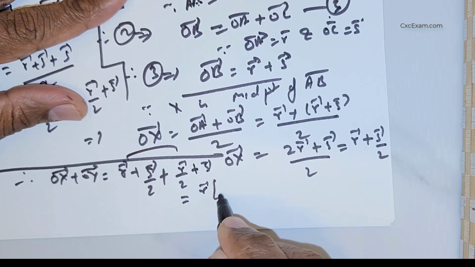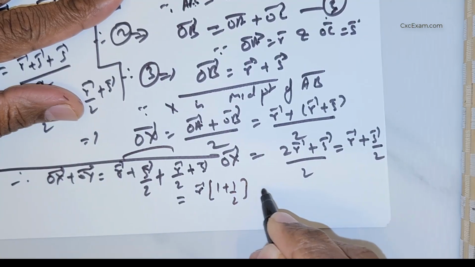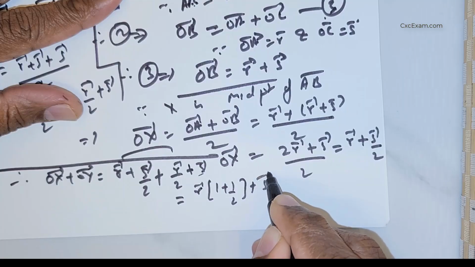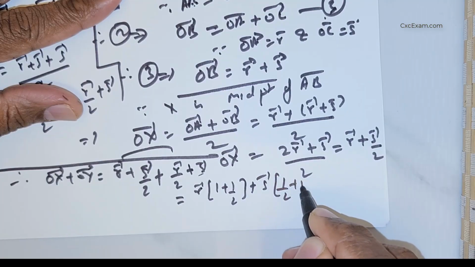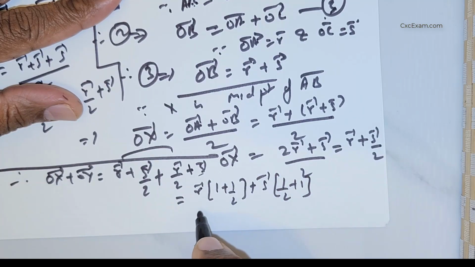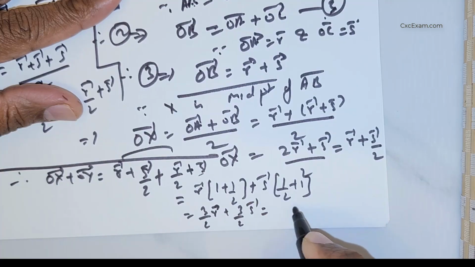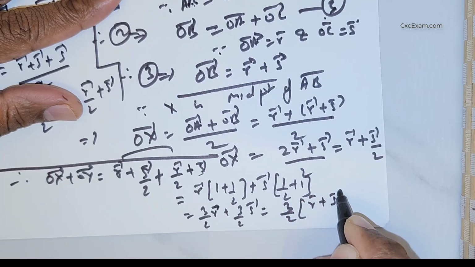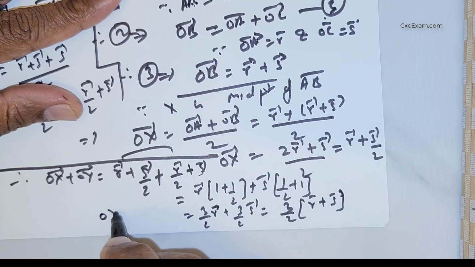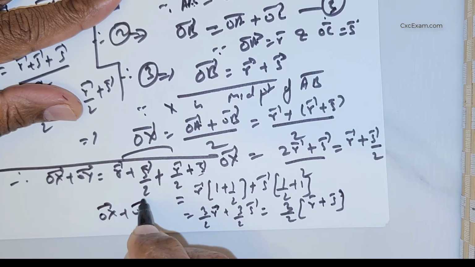I take R vector out, I get 1 plus 1 over 2. I club these two together, I take S vector out, I get 1 over 2 plus 1. So this means 3 over 2 R vector plus 3 over 2 S vector. I can take 3 over 2 out. I will get R vector plus S vector. So this is OX vector plus OY vector.